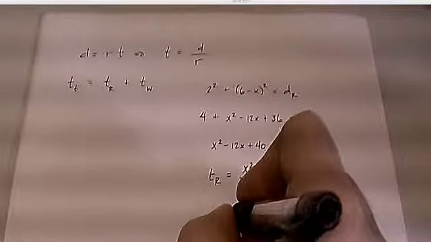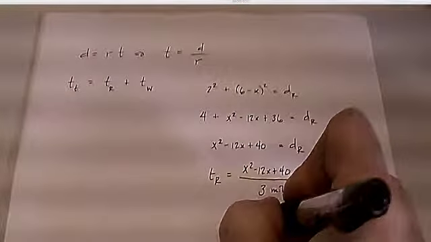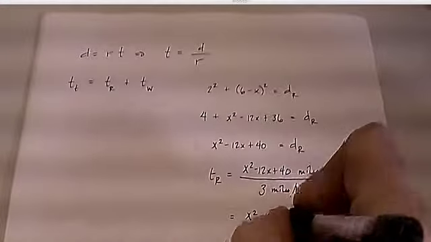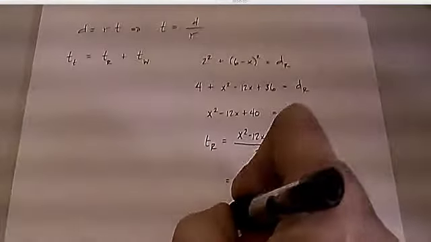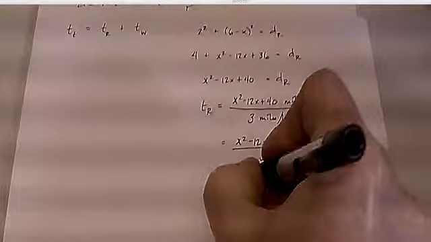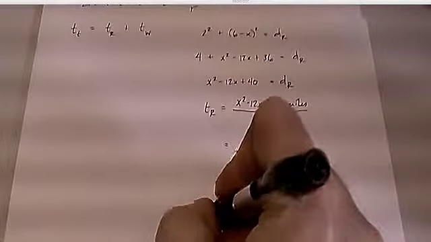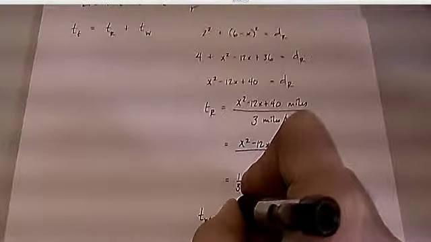So that winds up being x squared minus 12x plus 40 over 3, and the units now are hours. And you can go ahead, I suppose, and turn that into one third x squared minus 4x plus 40 thirds hours. And of course, the walking time is just going to be x over 5 hours.